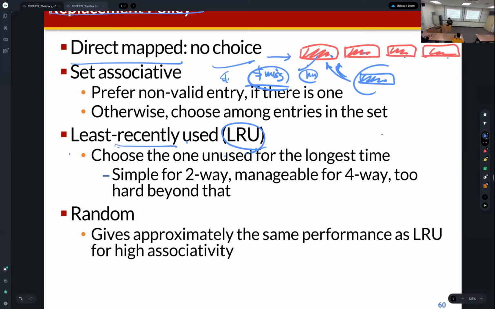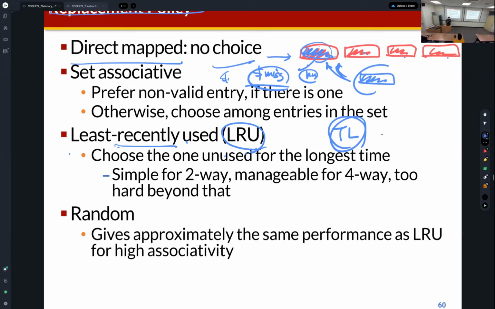If this block is recently used, then because of the temporal locality, and I said that locality is a very important concept in the memory system, we can say that if this block is used by a processor, then the same block can also be reused by a processor in the near future.